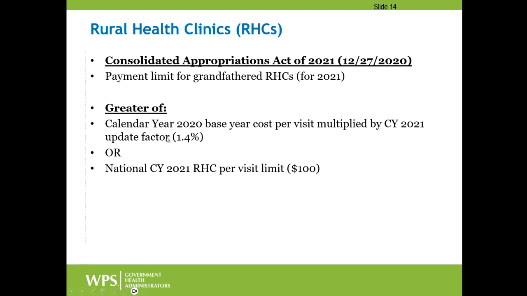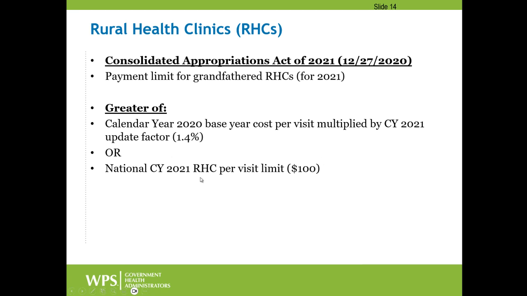The reason we're multiplying it by that update factor to get it to 2021 is so that it can be compared with the national 2021 RHC per visit limit of $100. So let's say that the calendar year 2021 cost, after being inflated forward, was only $90. Then, of course, you don't want to be subject to a lower limit than new hospitals.